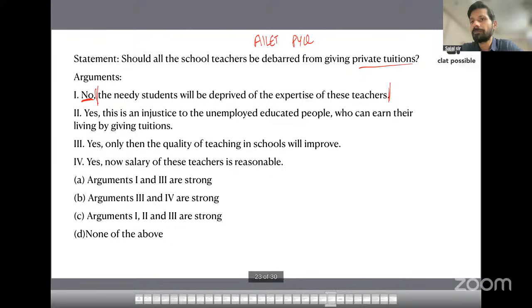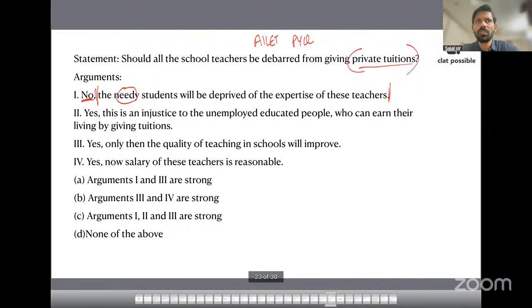And so we don't really know what needy children would mean here. Are we calling those students needy, those who do not have enough financial resources, or needy in some other way? The moment I use the phrase tuitions, it means, as I said, a fee is involved, right?